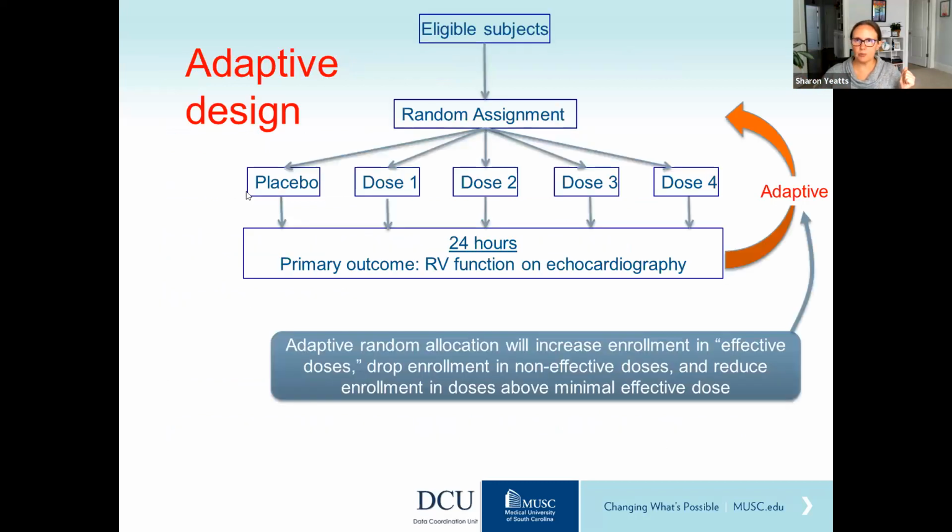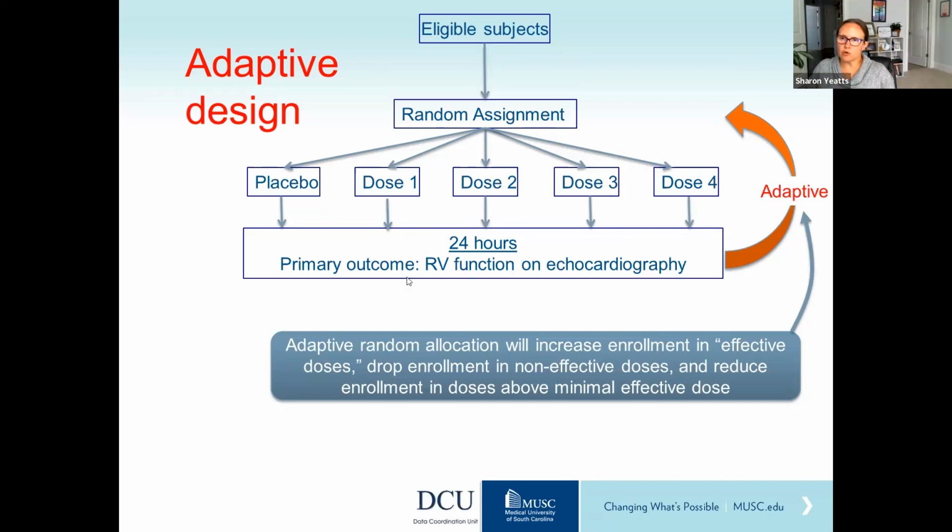Okay, so here's an example. I'm not sure if you all can see this thing that's at the top, but we're taking eligible subjects as the box, which maybe you can't see at the top. And in this particular design, we're randomly assigning patients to a placebo and one of 4 active doses. And the outcome is observed relatively early.